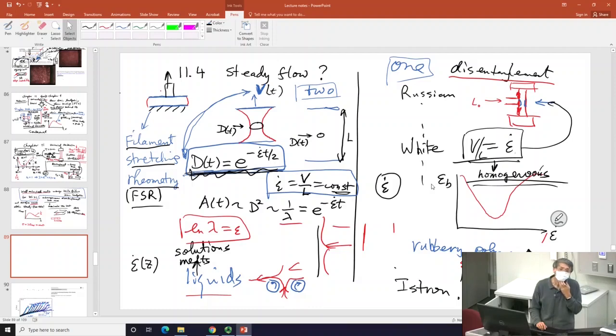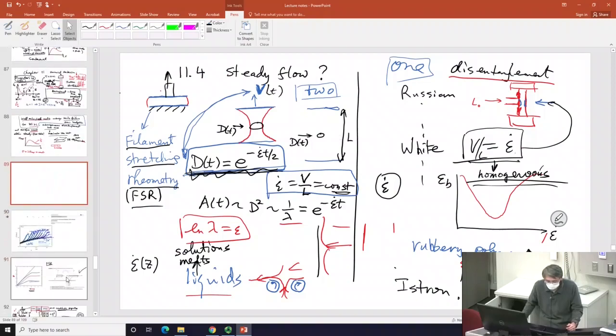The trouble is not so much of all that. The trouble is really to claim that you have steady state. Let me maybe ask your opinion, especially you guys who have rheology. What on earth can you claim that you have steady state here?